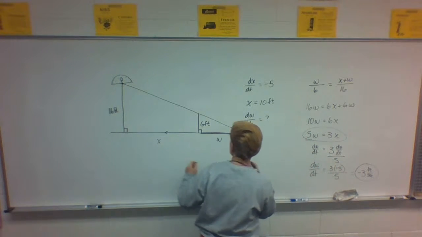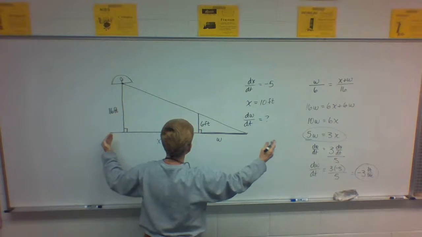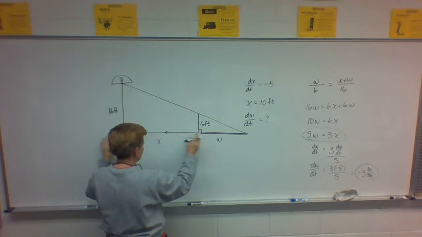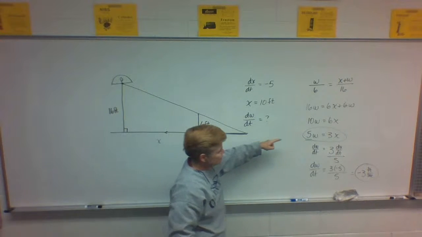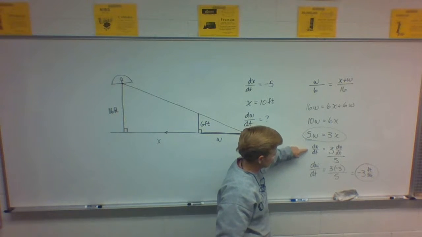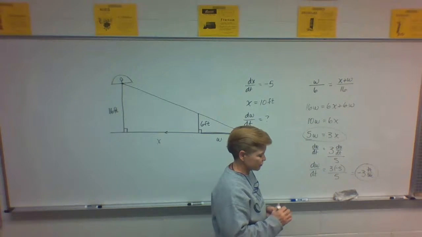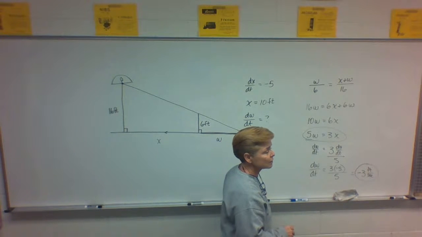It doesn't matter whether he's 10 feet from the light or 100 feet from the light, or 2 feet from the light. It makes no difference how far he is, because as long as he's continuing to walk at a steady rate, the relationship is linear, so the derivative is constant. This rate of change will happen no matter how far he is from the light. That's how fast his shadow will be changing if he keeps walking at the same rate.